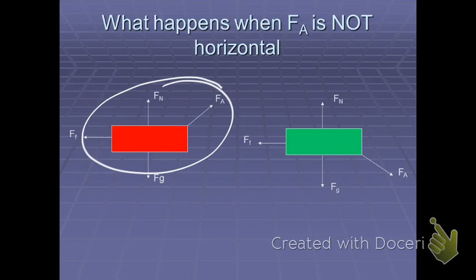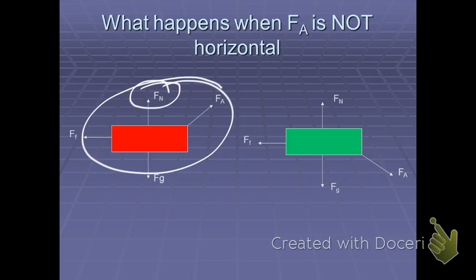Now what that does is it changes the amount of friction that's involved in the system, because when we pull up on an object, it helps the normal force. And so the reality is that it actually makes less compressive forces between the surface. So it actually reduces the amount of friction.